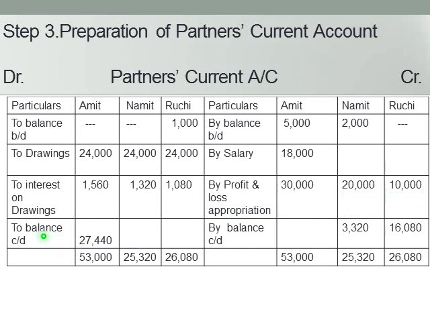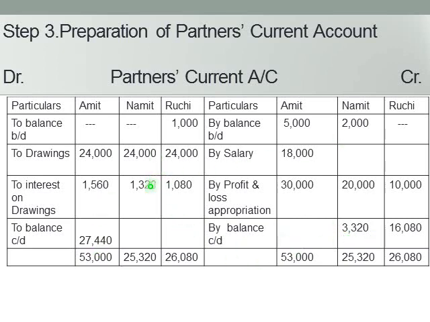And lastly, you will calculate the closing balances. Here Amit is having a credit balance of 27,440. How do you arrive at this balance? Sum total of all the items on the credit side minus items on the debit side. Likewise, Namit is having a debit balance.